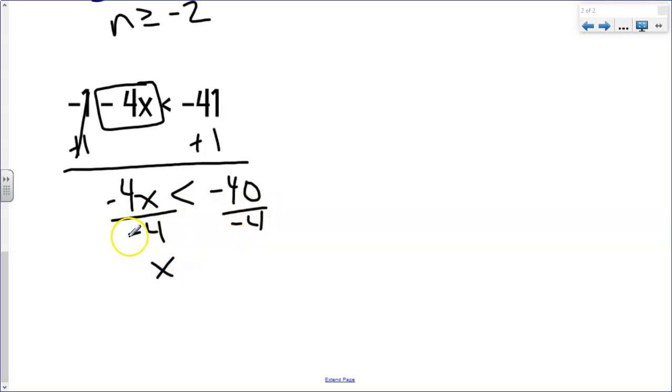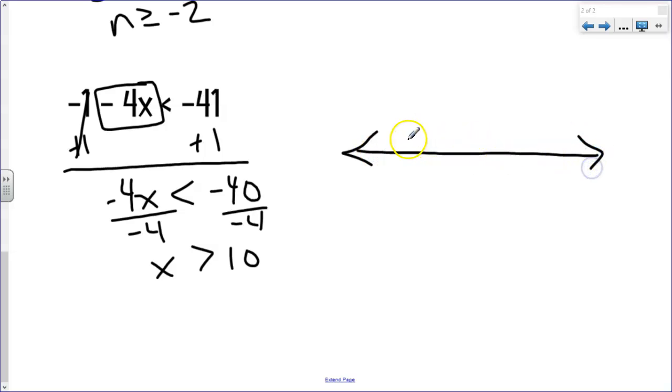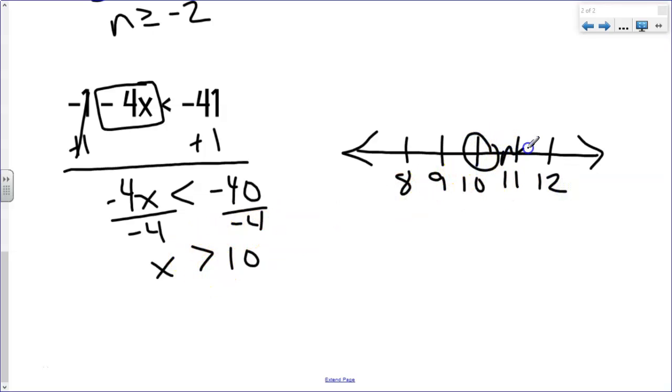So when I divide by that negative, I get to flip my sign. So I get x is greater than 10. I have 8, 9, 10, 11, 12, greater than, not equal to, open circle, shade to the right. Not all things will shade to the right, but these do.